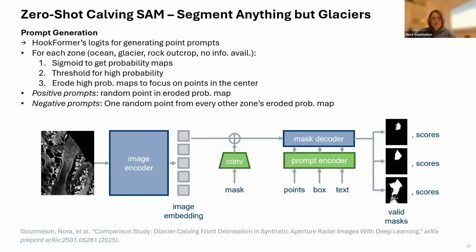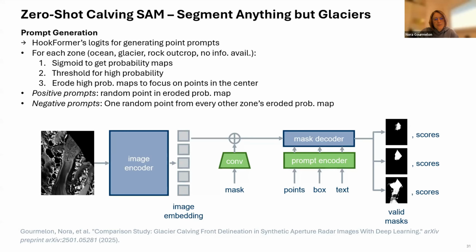Then we threshold those probability maps to only get very high probabilities, and then further erode these high probability maps so that we only get the center part of where the model is sure that it's this specific zone.